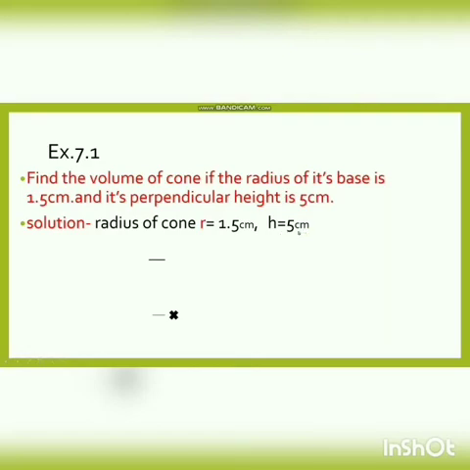Now apply the formula of volume of cone. Write down here.